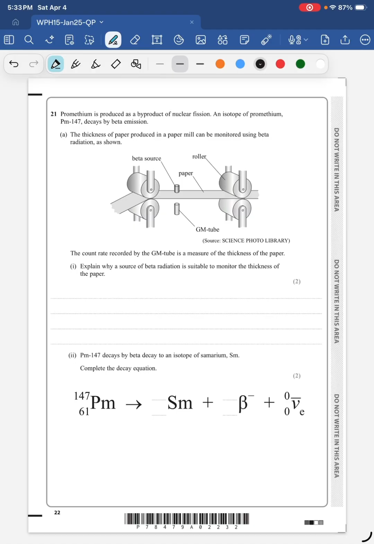So beta particles can actually penetrate paper, unlike alpha particles that are blocked, okay?